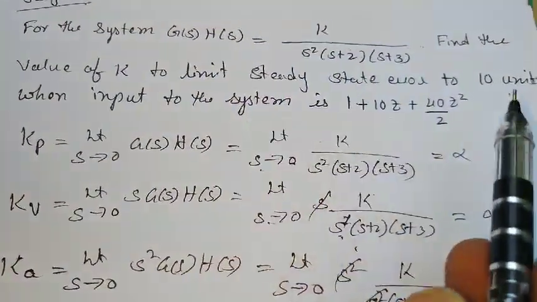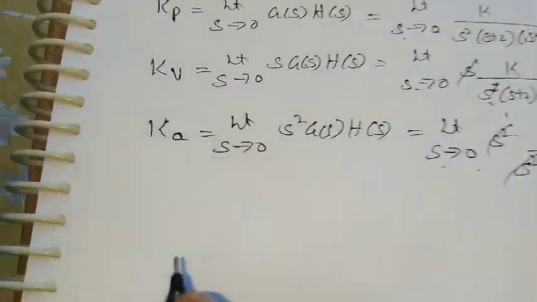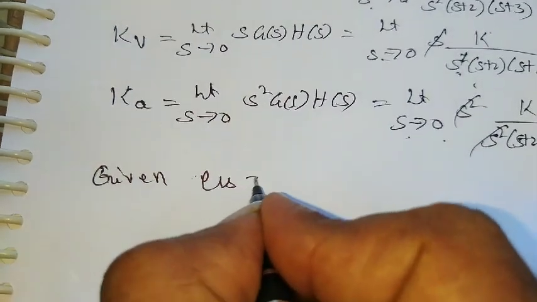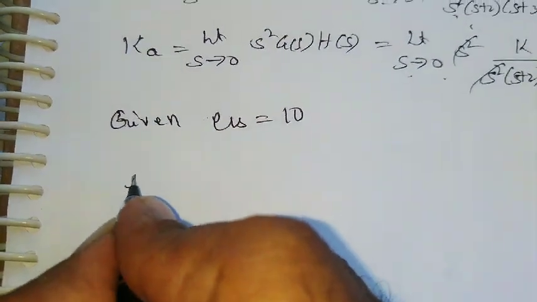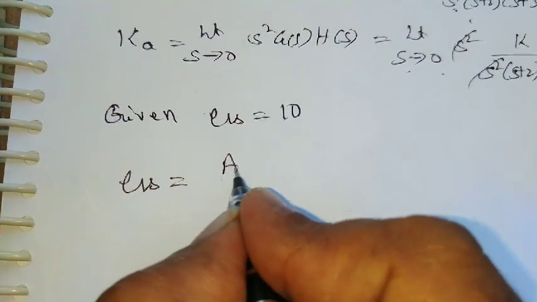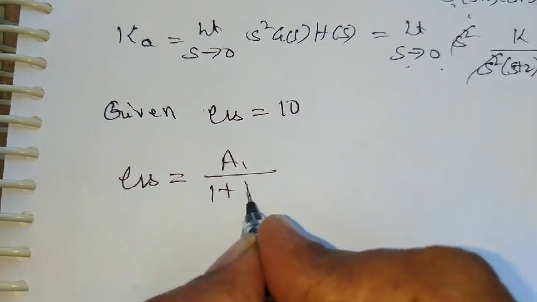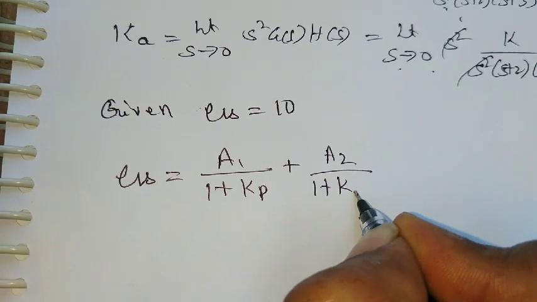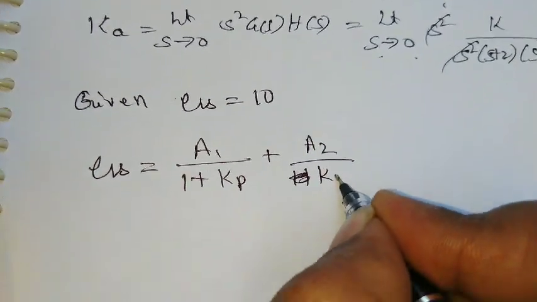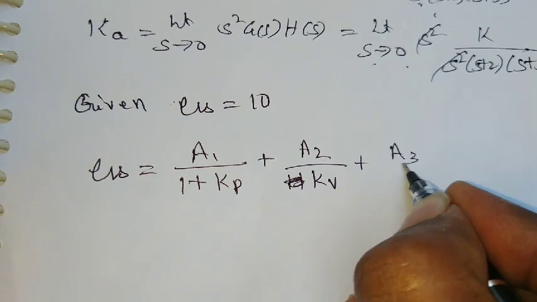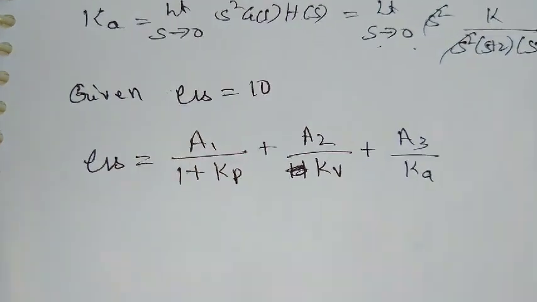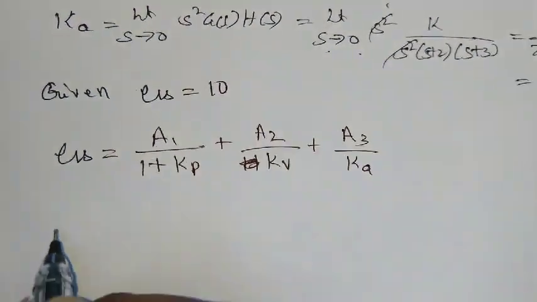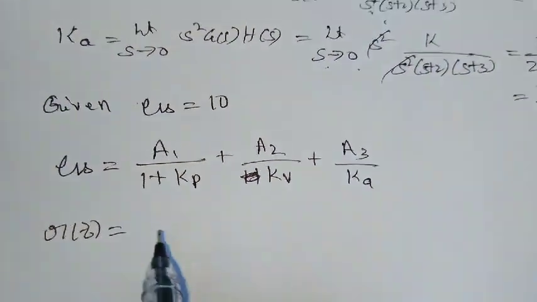Now they give the steady state error. Find the value of K when the steady state error is 10 units. They have given ESS is 10. So what is the formula of ESS? ESS is given by A1 divided by 1 plus Kp, plus A2 divided by Kv, plus A3 divided by Ka. We already found these constants. Now what is the input?